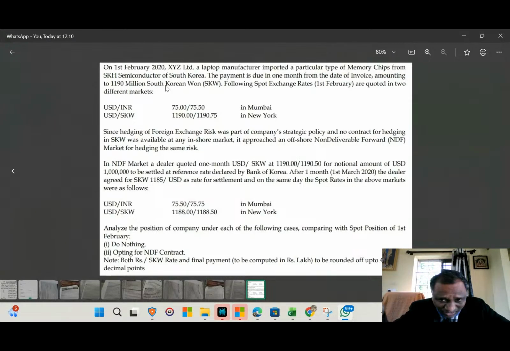But after 1 month, that is 1st March 2020, the dealer agreed at SKW 1,185. It means if I give $1, I will get 1,185. Then $1 lakh into 1,185, so 11 crore 85 lakhs.